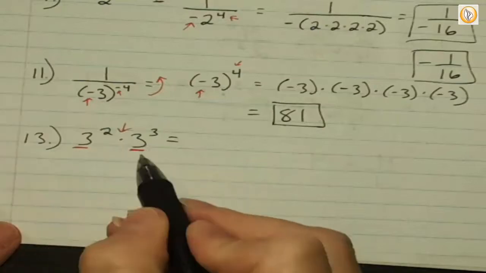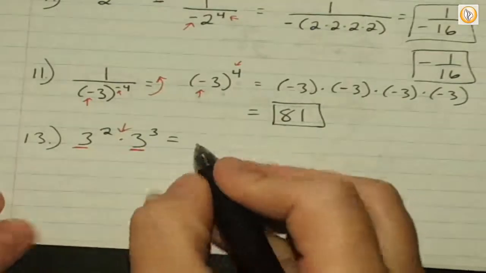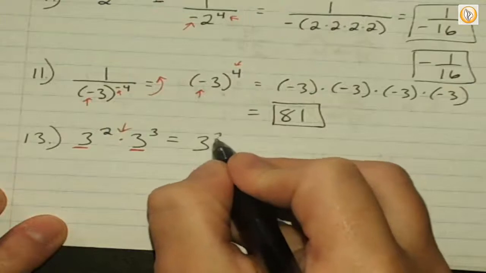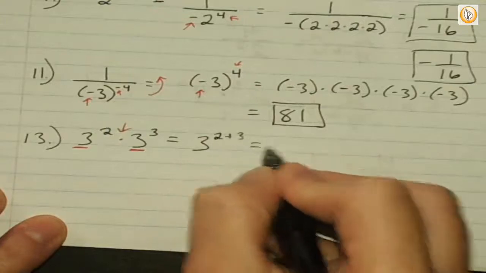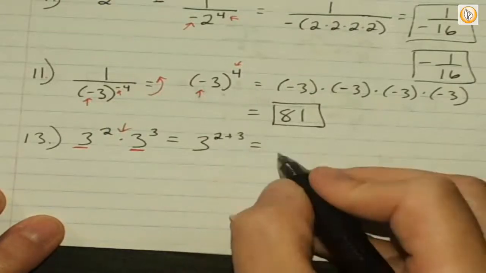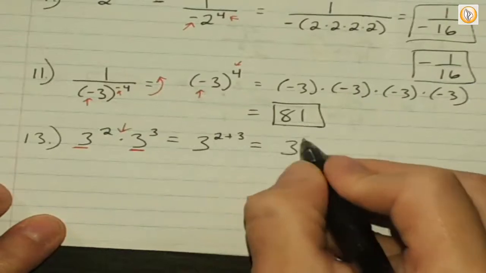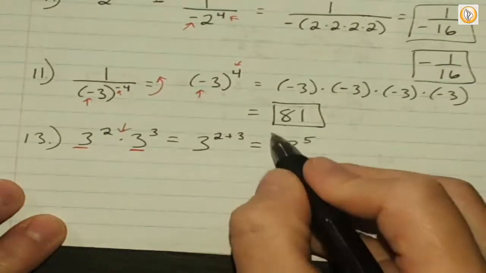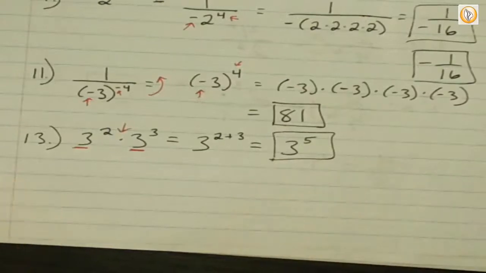Absolutely. If the bases are the same and you're multiplying them, he's correct, you would add the exponents. So 2 plus 3 is what, Aiden? 5. So your answer is just 3 to the 5th power, and they said in the directions to leave it in exponential form so you don't have to do any more.